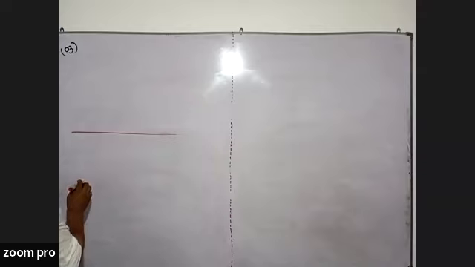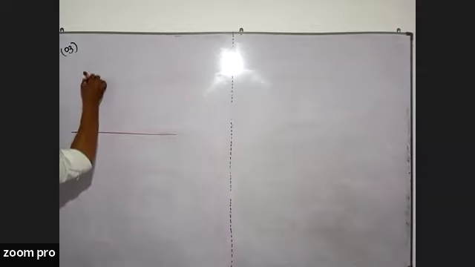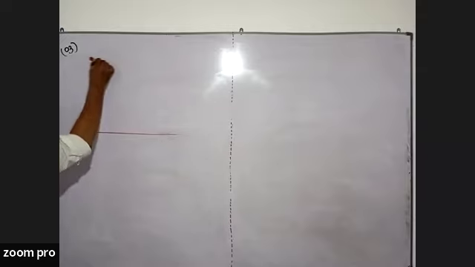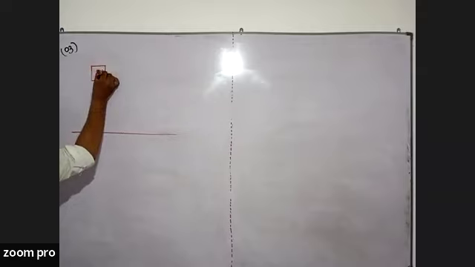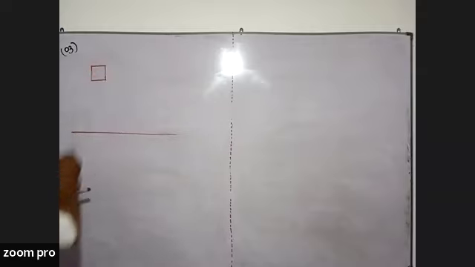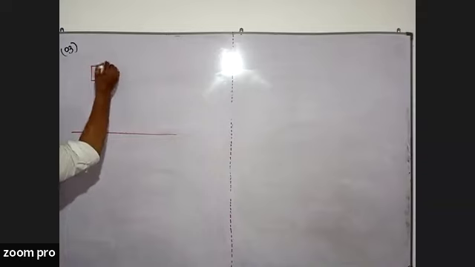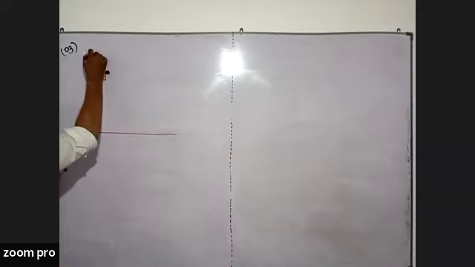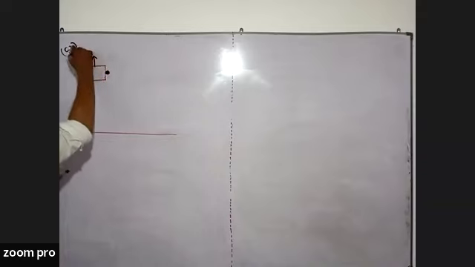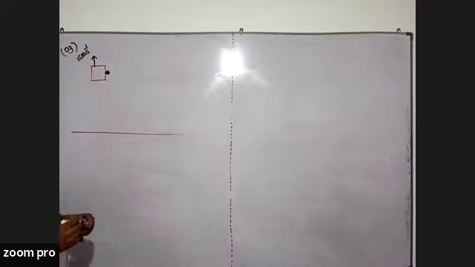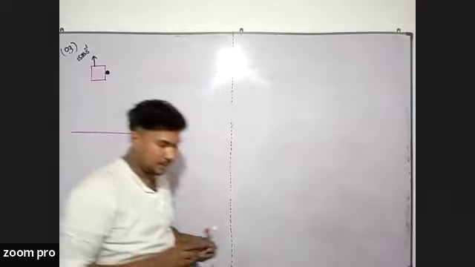So let's draw a simple diagram. The initial stone is released from a balloon which is moving upward with a constant velocity of 15 m s^-1, right?